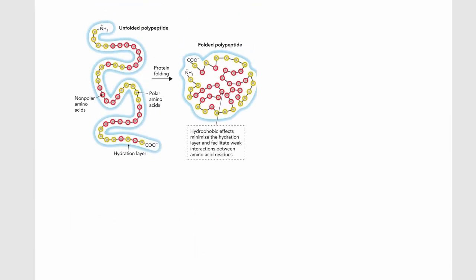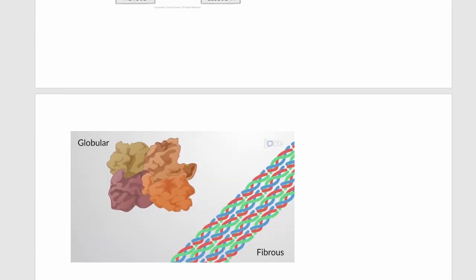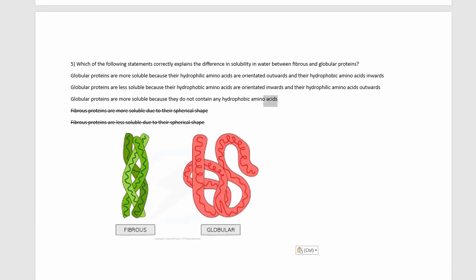So it would be an incorrect statement to say they don't contain hydrophobic amino acids. They do, it's just the way that they're formed changes that. So we can rule this one out.